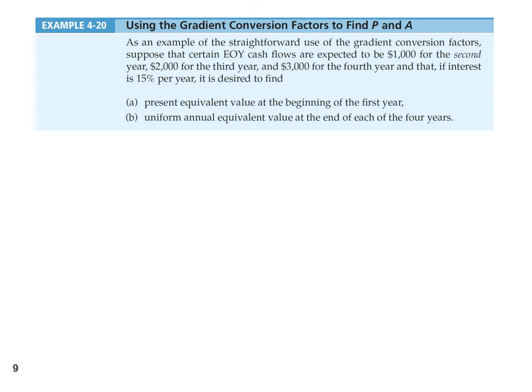As I told you, the first thing to do is to sketch the cash flow diagram. Okay, and in this cash flow diagram, EOY means end of year cash flows, and the first payment occurs at the end of second year. So this is year 1, this is year 2, and this is 1000.